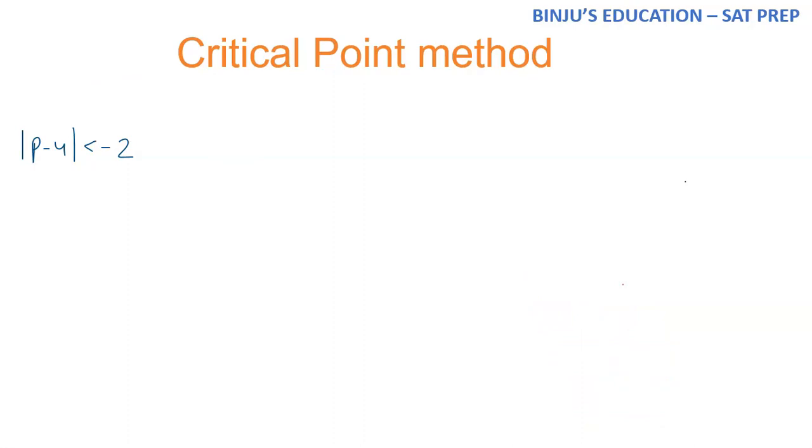Okay, so we say that mod of p minus 4 is less than -2. So the critical point will become p is equal to 4.